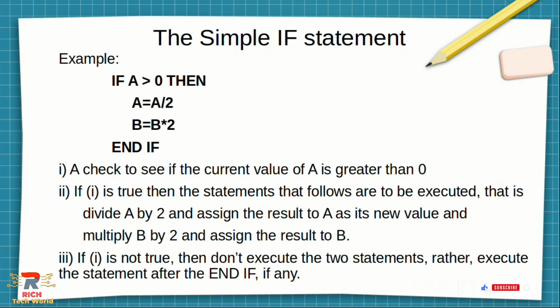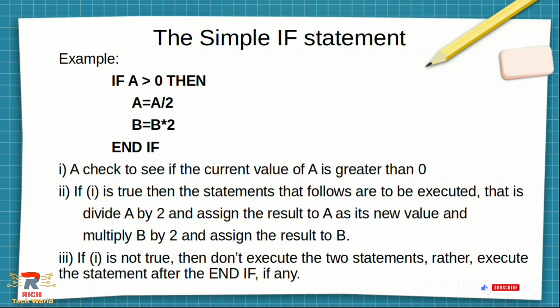Another thing you need to know about the simple if statement is that whenever the condition is true, it runs everything in the if statement. When the condition is not true, which means it's false, it doesn't run anything, and it just moves on to the end if. And if there is any other code after the end if, it will move on to that one.